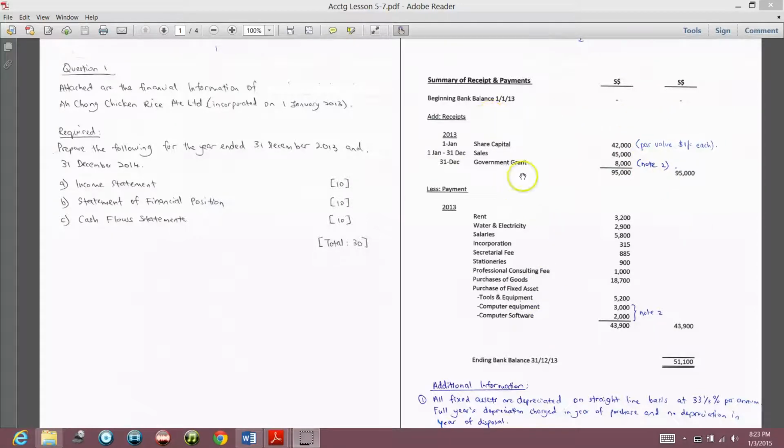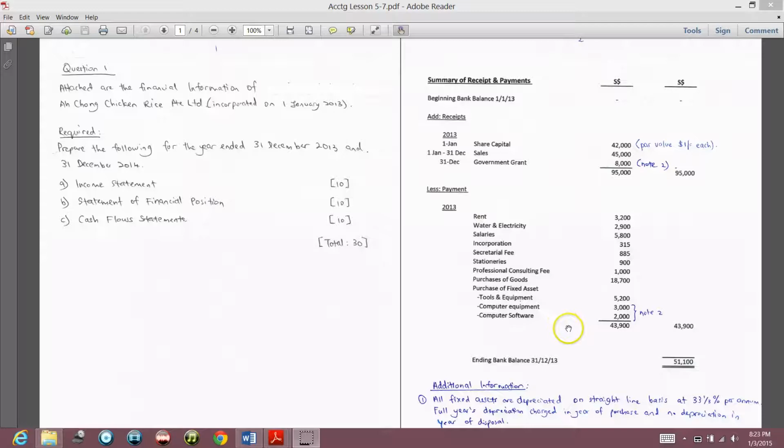Your beginning bank balance, add all your receipts during the year, minus all your payments during the year, will be your ending bank balance. This is basically what a cash flow statement is all about. This is a cash flow statement in layman's terms. We are supposed to do a cash flow statement in a good format, for the purpose of the examination, as required in the exam here.